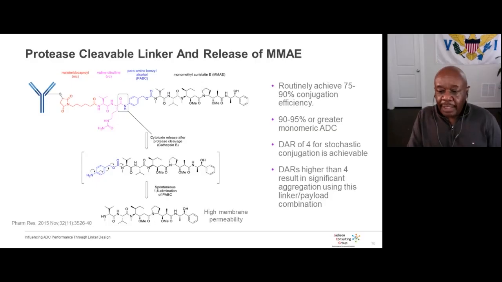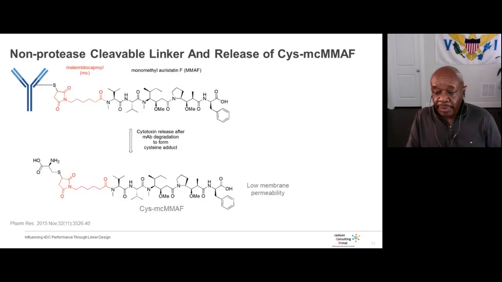With that being said, there is the other member of the family, and that is the MMAF. This is also an auristatin. It's monomethyl auristatin F. It's using the MC, the maleimide linker, conjugated to cysteine. As you notice, there's no dipeptide and there's no PAB spacer associated with this one.